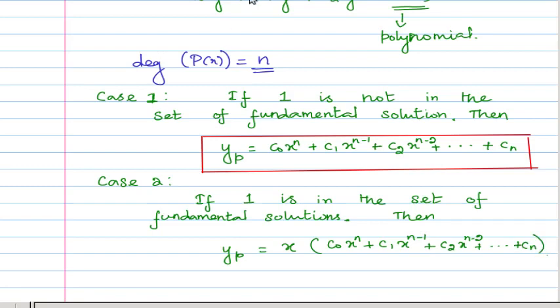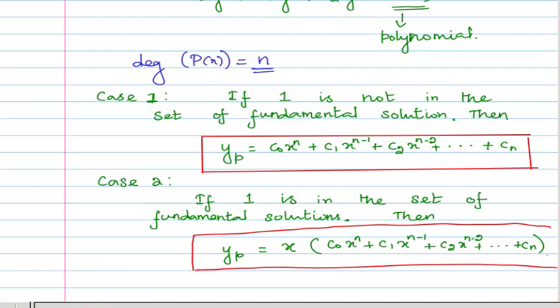This is for whenever 0 is a solution of the characteristic equation.